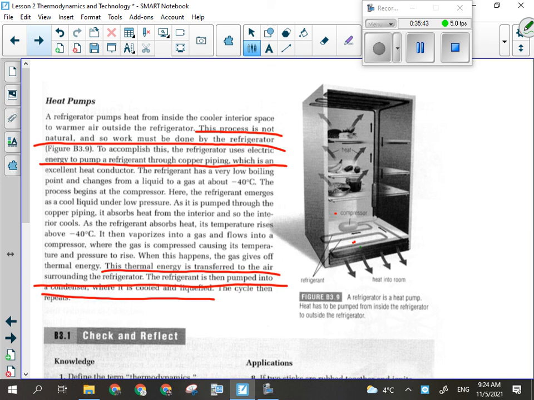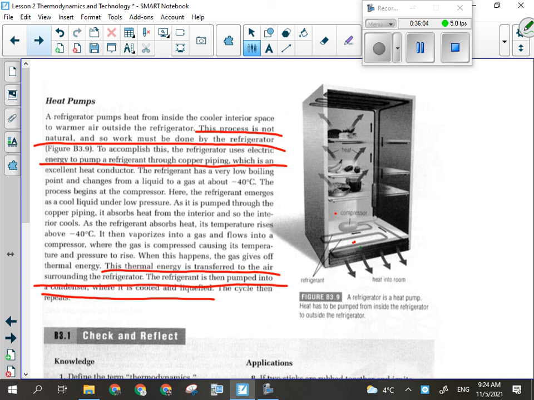So the coolant that's running through is a liquid when it's doing its cooling. It's absorbing energy from inside. When it absorbs the energy, it turns into a gas. Then that gas comes back to the compressor. The compressor, as its name would imply, compresses the gas back into a liquid.